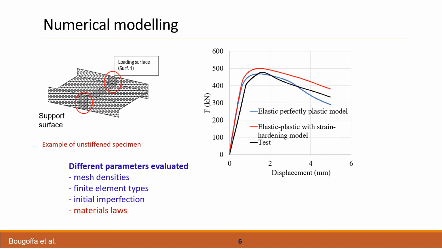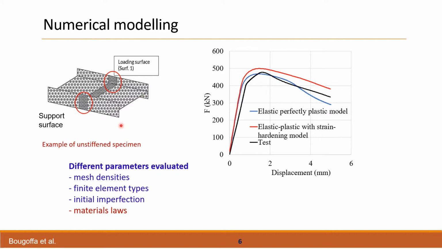A numerical model is prepared to represent the behavior of the tested specimens. It is based on shell elements with material and geometrical nonlinearities. Here we have the example of a stiffened specimen with, in one part, the support, and on the other part, the loaded surface.